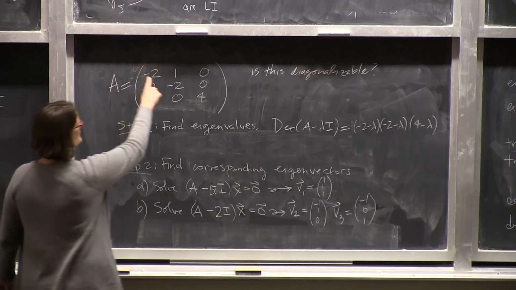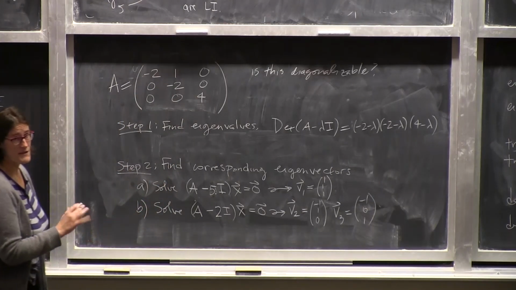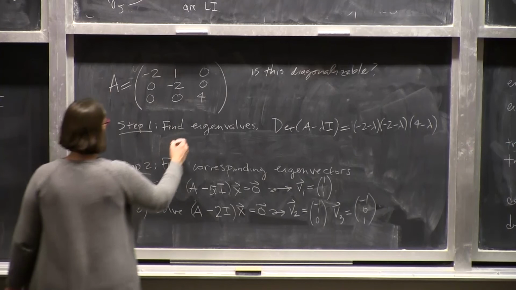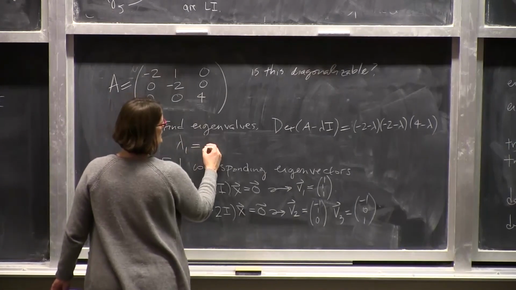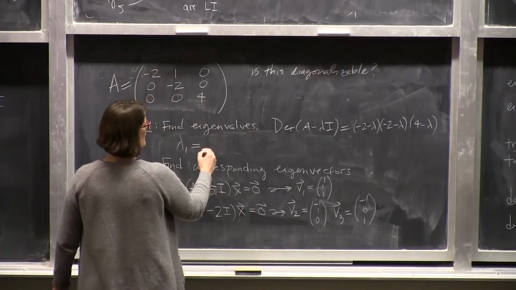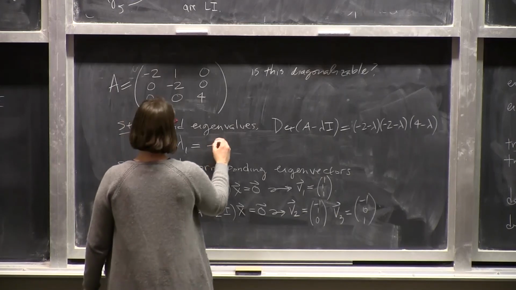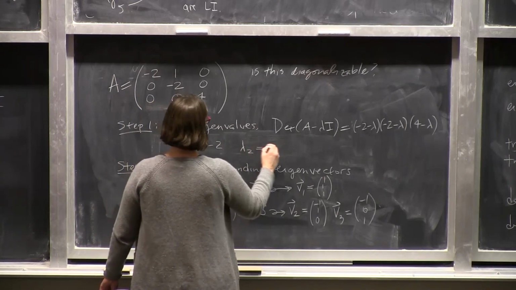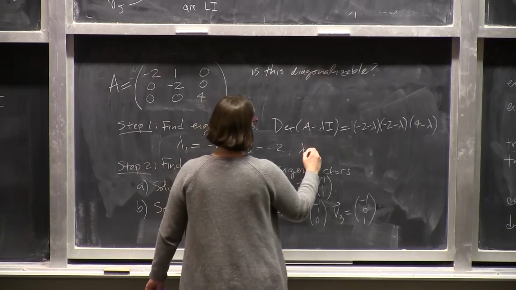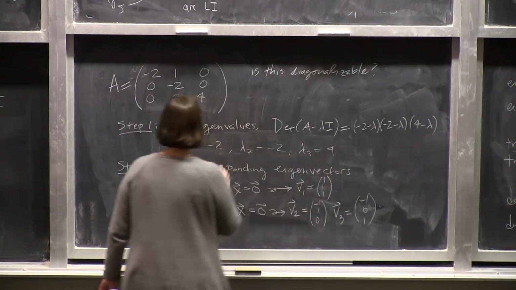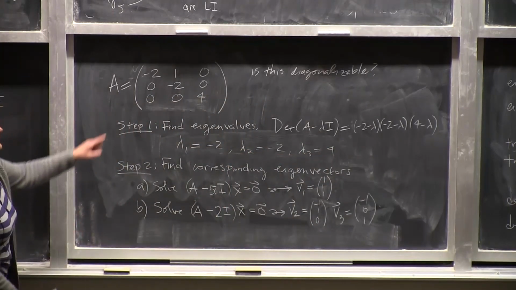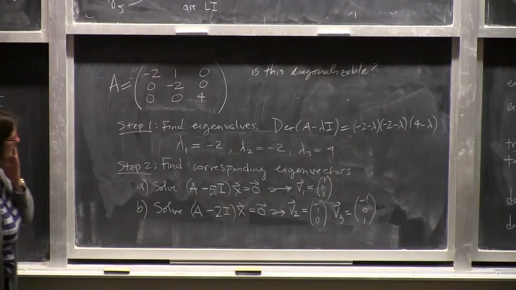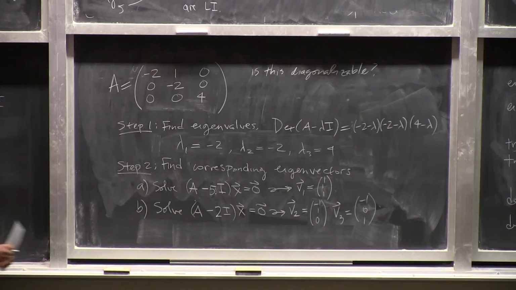If I subtract lambda off the diagonal, it is still upper triangular. So my eigenvalues are -2, -2, and 4. Oh, there they were on the diagonal. That's not surprising.